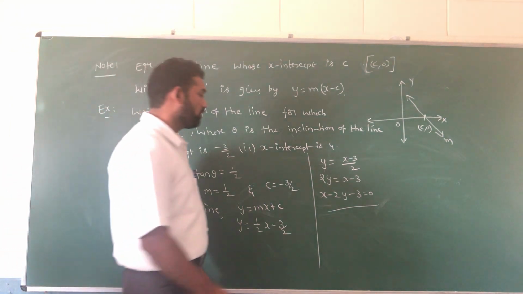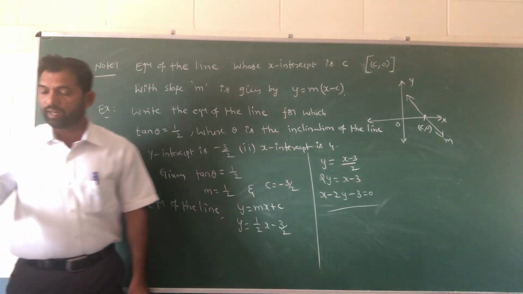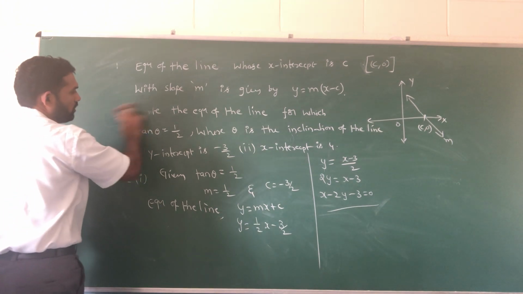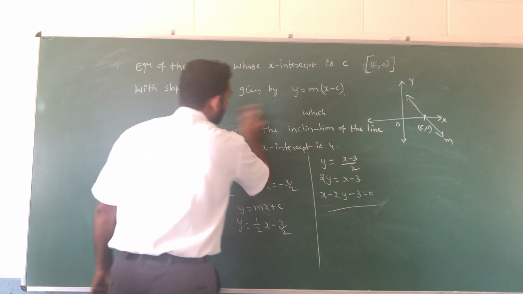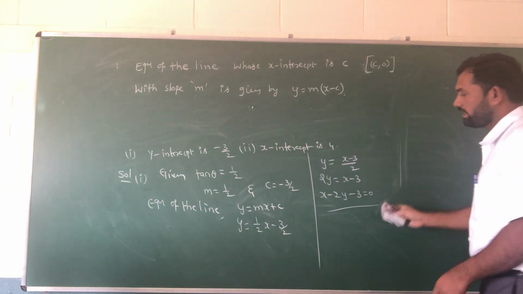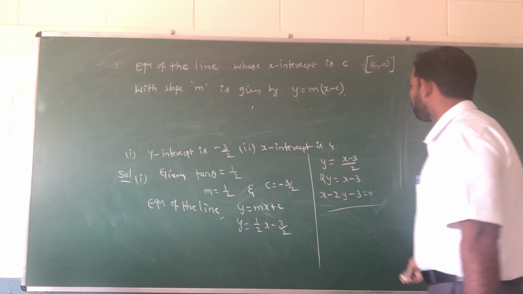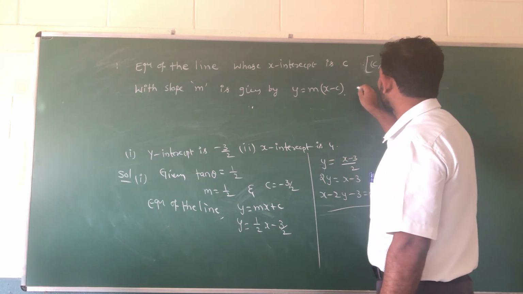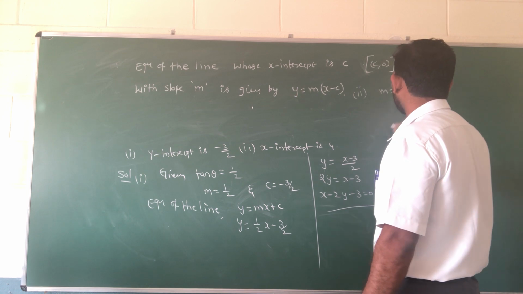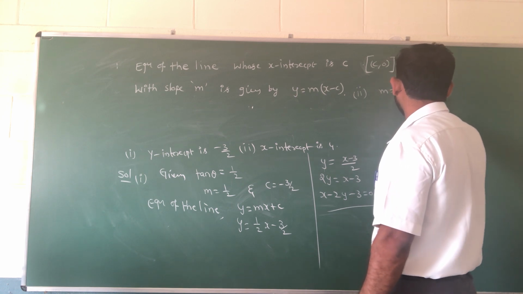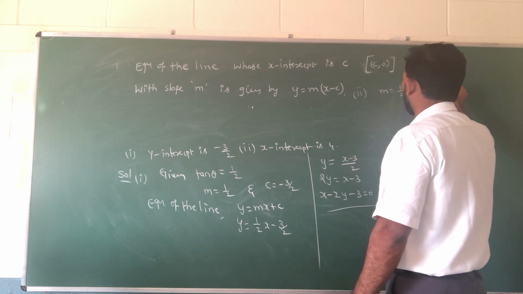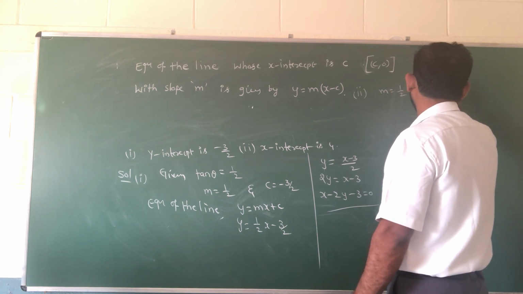See the second question solution. What is given in the second question? X-intercept is given. Second question solution: m is equal to 1/2, and the x-intercept is 4.